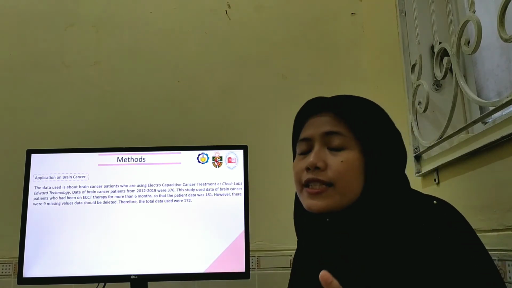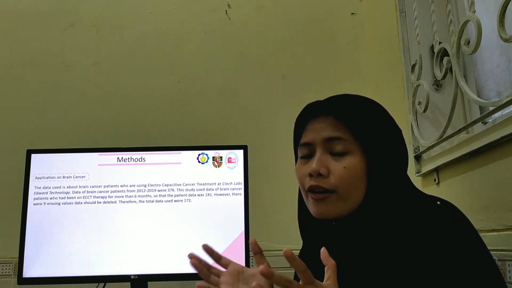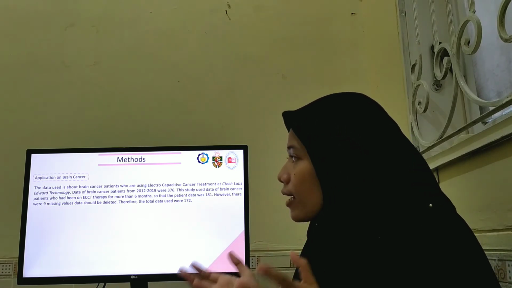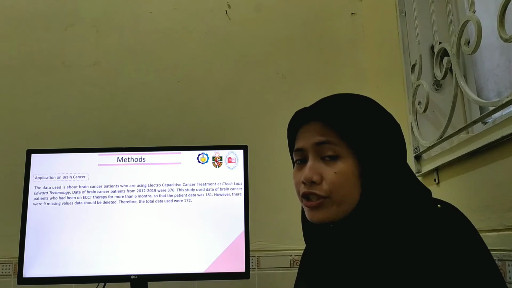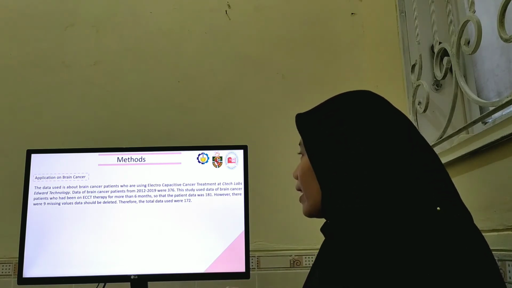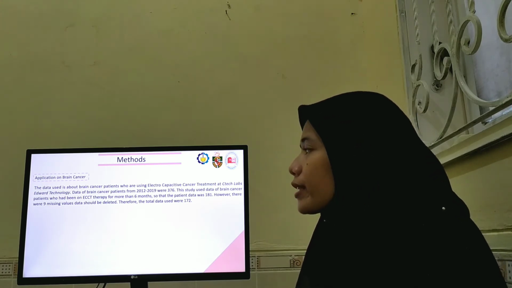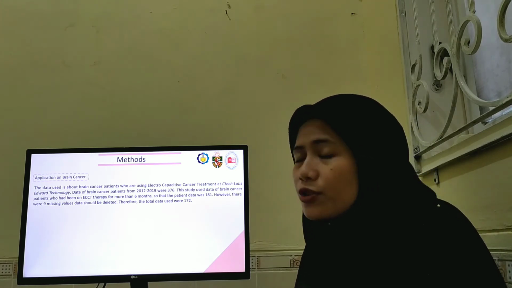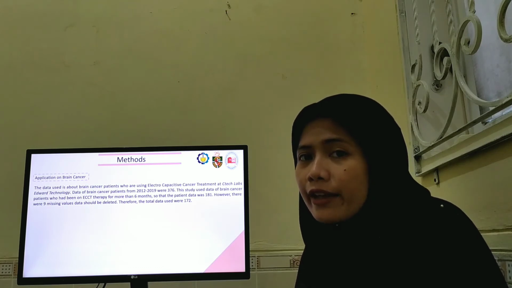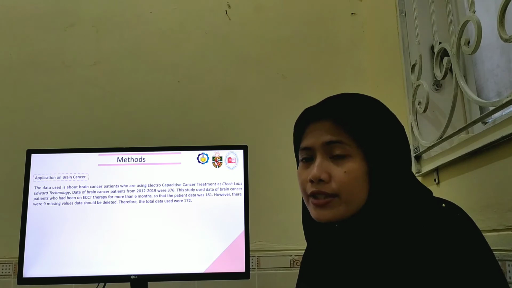After we get the estimates of beta and theta, we apply them to brain cancer. The data used is about brain cancer patients who are using electrocapacitive cancer treatment at CTEX Lab Edwar Tangerang. Data of brain cancer patients from 2012 until 2019 were 376.